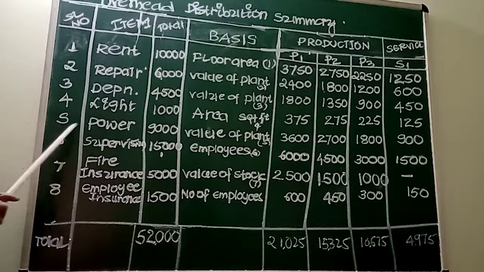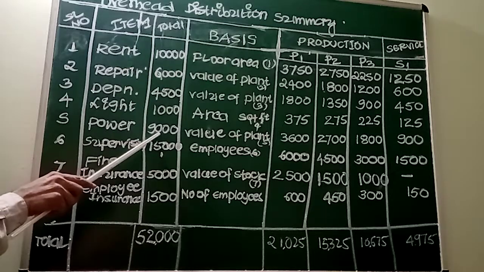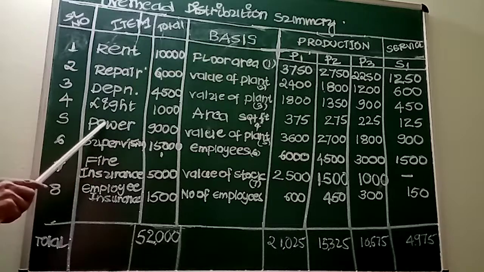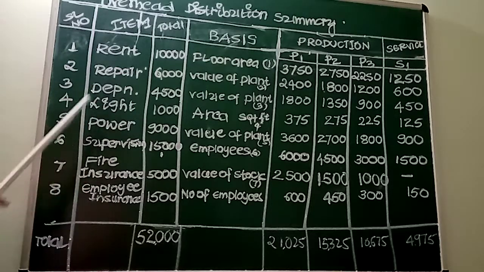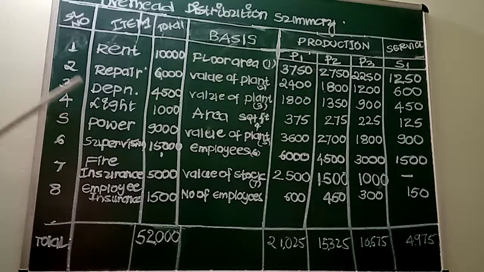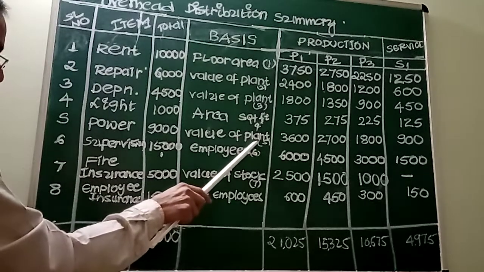See next, the fifth one, power. Power is totally 9,000 rupees. I had already told you power is actually based on technical estimates, that is horsepower of the machine or kilowatts. If both are not given in the problem, again you can apportion it on the basis of value of plant and machinery.